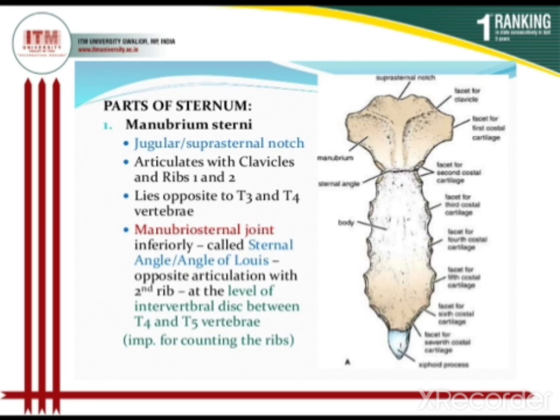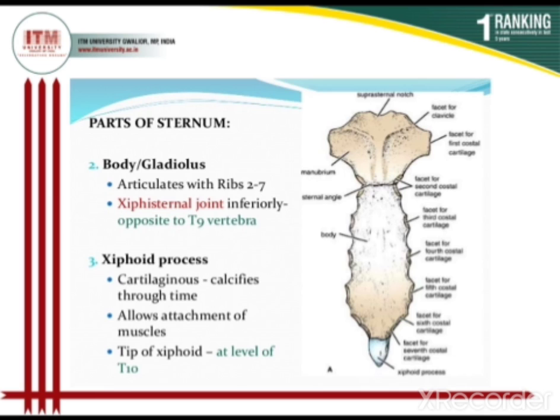Next is the body, or gladiolus, which articulates with the second to seventh ribs, and the xiphisternal joint inferiorly, opposite the T9 vertebra.